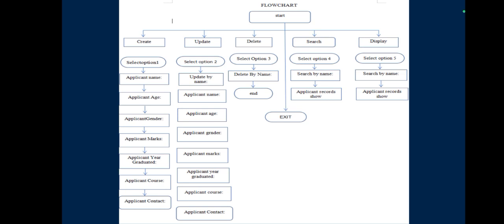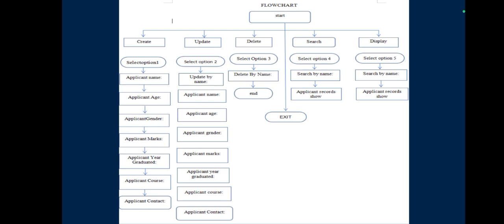If you select option 2, you have to update it by name. You put the name of someone you want to update, and then put the newest name, age, gender, marks, year graduated, course, and contact number.